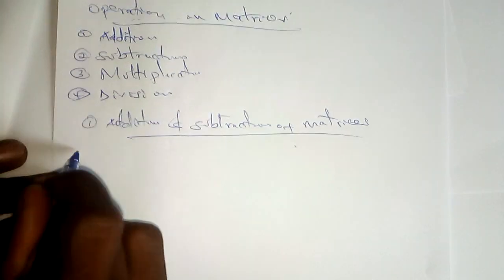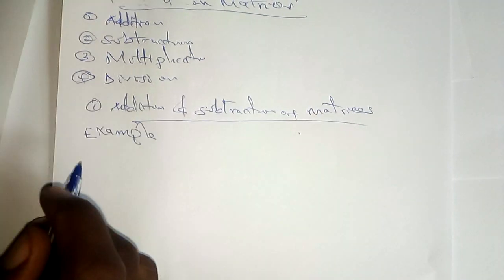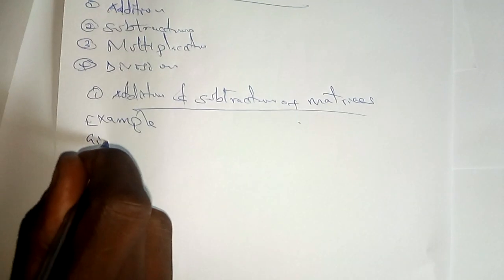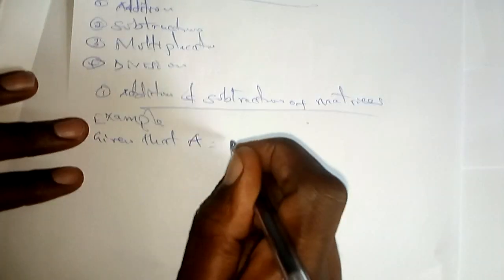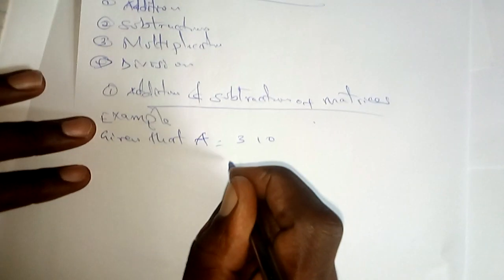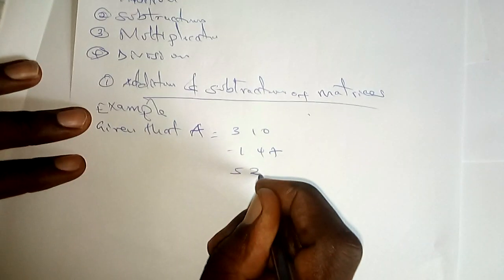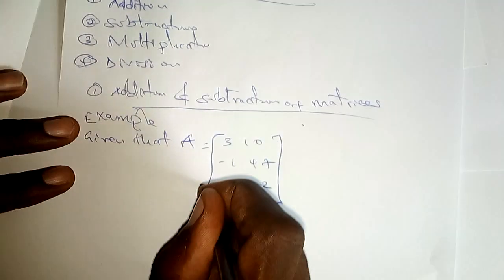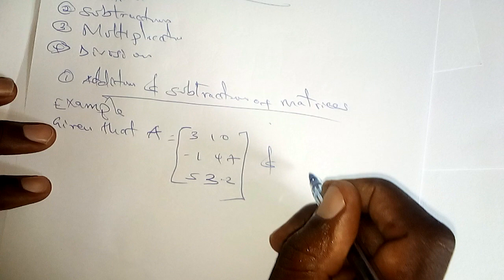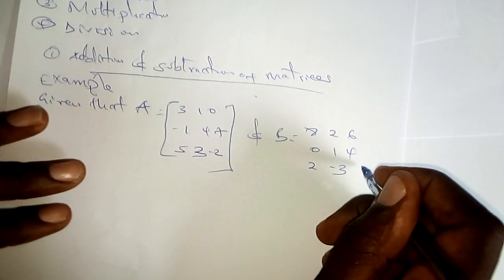Example 1, given that A is equal to 1, 0, negative 1, 4, 7, 5, 2, 5, 3, 3, 2 in matrix brackets, and B is 8, 6, 0, 1, 4, 2, negative 3, 5.